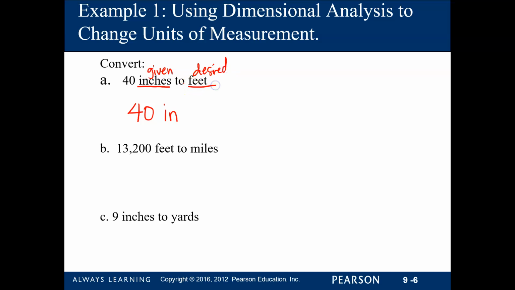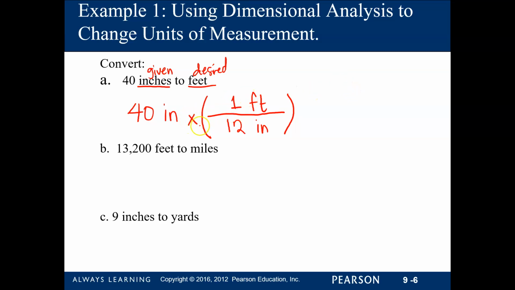So what we need is a multiplier wherein the given is at the bottom. So this is inches over here, and then this is feet on the top. This is the desired, this is the given. Now, what is the relationship between foot and inches? Well, we know that there are 12 inches in 1 foot.